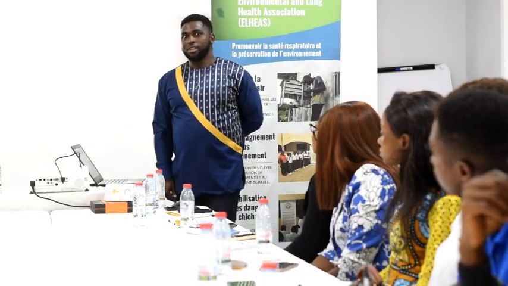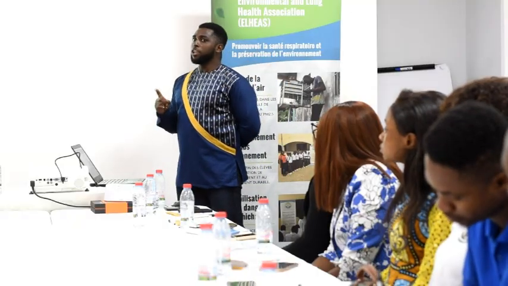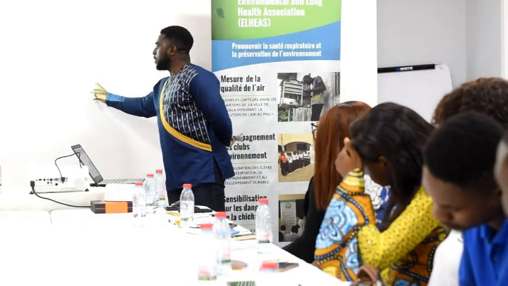That's a limit. That is, in every kilometer that the car covers, the car should not emit more than 0.08. Exactly. It means that in every kilometer that the car covers, it should not emit more than 0.08 grams.